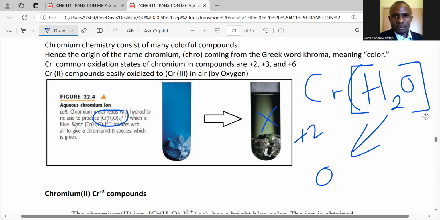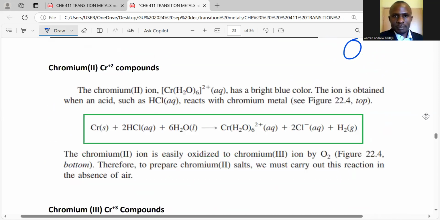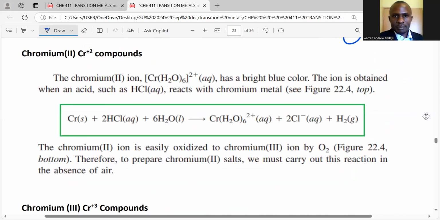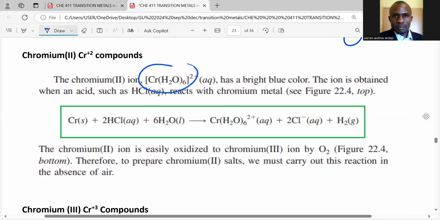So we shall now go ahead and look at chromium 2 compounds, or chromium 2 chemistry. The chromium 2 ion, which is usually hydrated and represented by that, has a bright blue color, and it is obtained by reacting chromium metal with an acid, HCl. So in this scenario, you form this, okay?